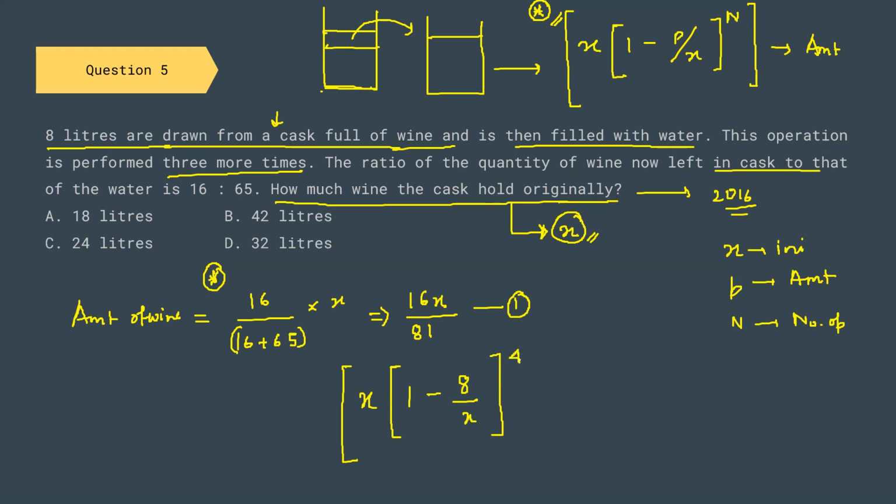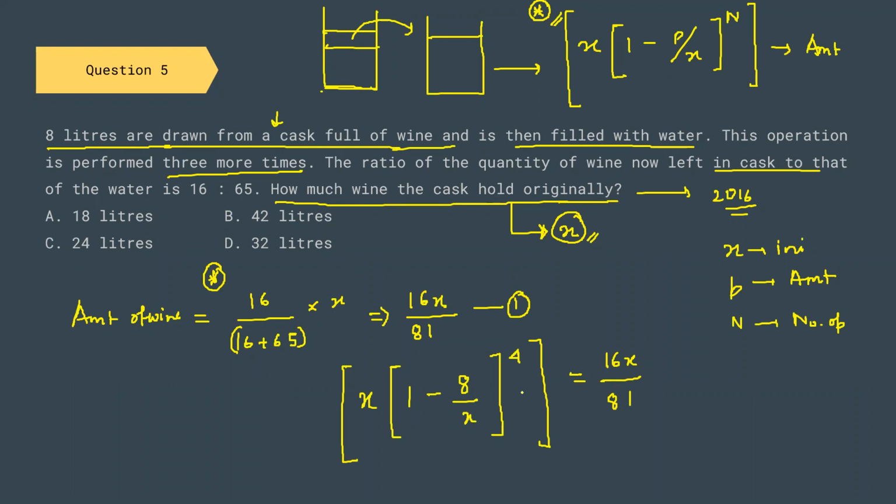So N is going to be 4. And this is going to be equal to 16x divided by 81. And from this particular equation, we can find out the value for x, which is going to give us the initial capacity of the cask.